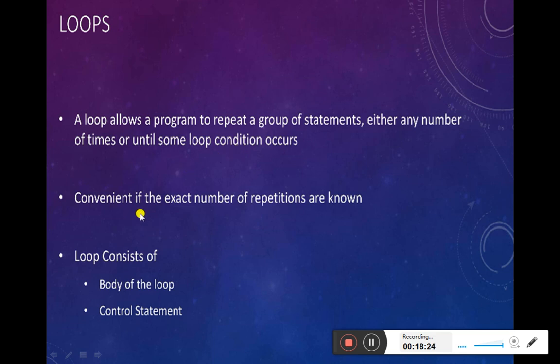Now, this is convenient if the exact number of repetitions is known. The loop consists of the body of the loop, which mainly consists of a set of statements. Then there must be some control statement that controls whether the looping is to be repeated or stopped. It's a condition test.